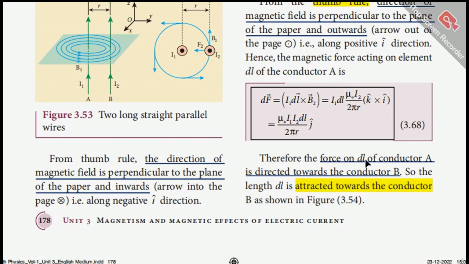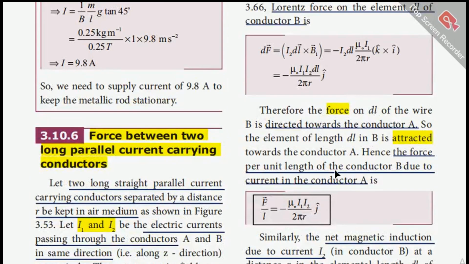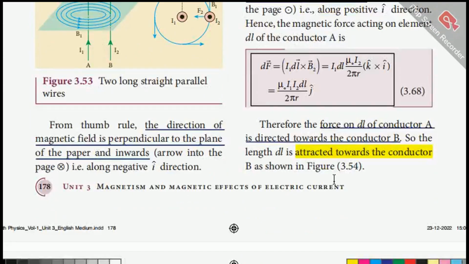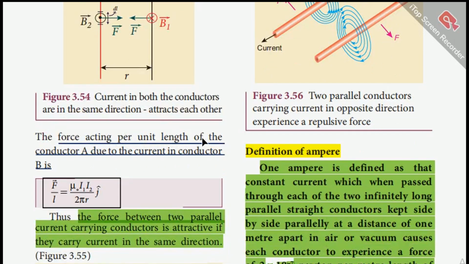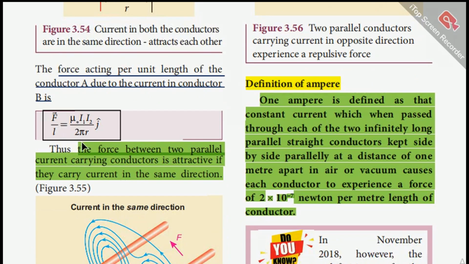Therefore, the force on dl of conductor A is directed towards conductor B, as shown in the figure. So when the currents in both conductors are in the same direction, they attract each other. The force per unit length of conductor A due to the current in conductor B is F by L equal to mu naught I1 I2 by 2 pi r j unit vector.